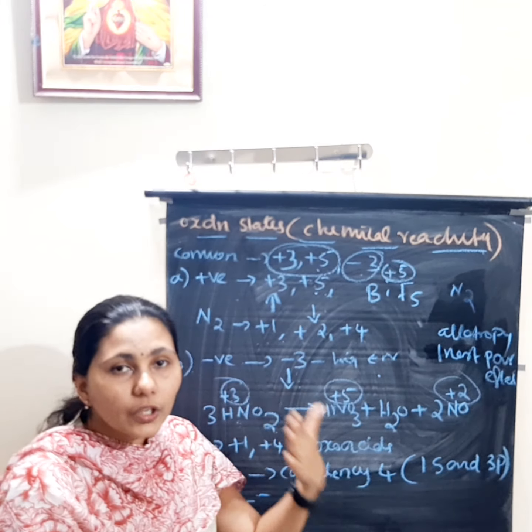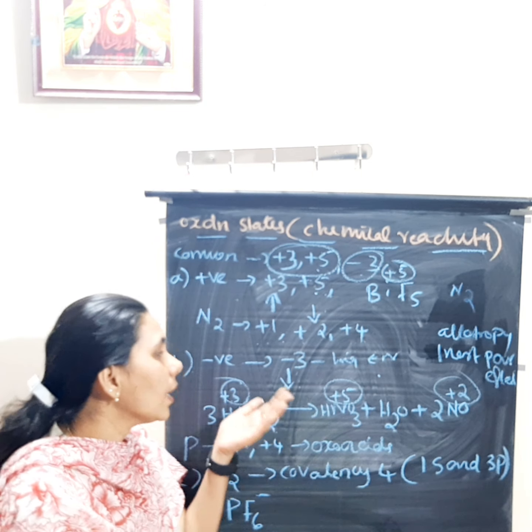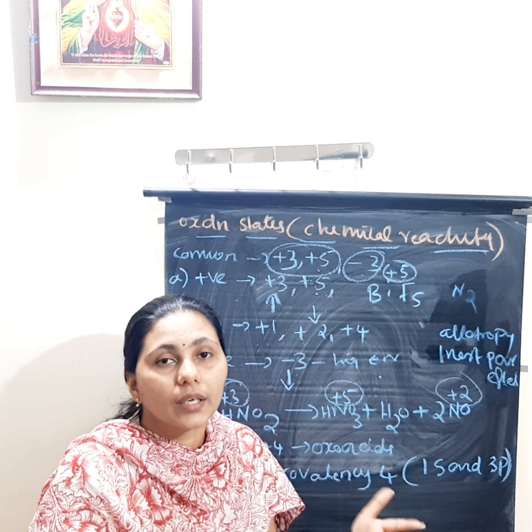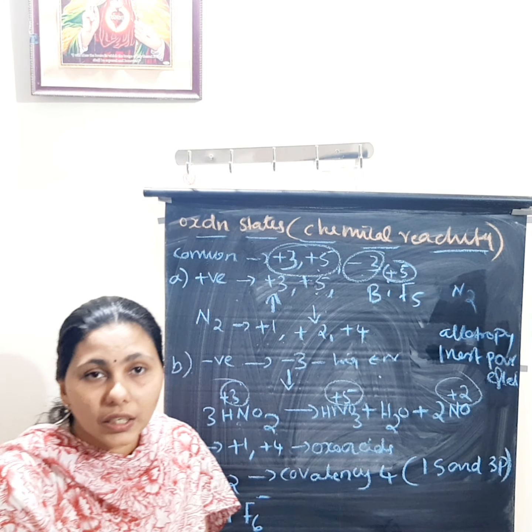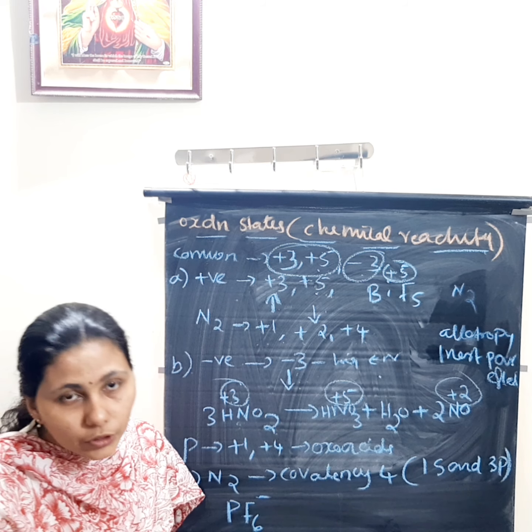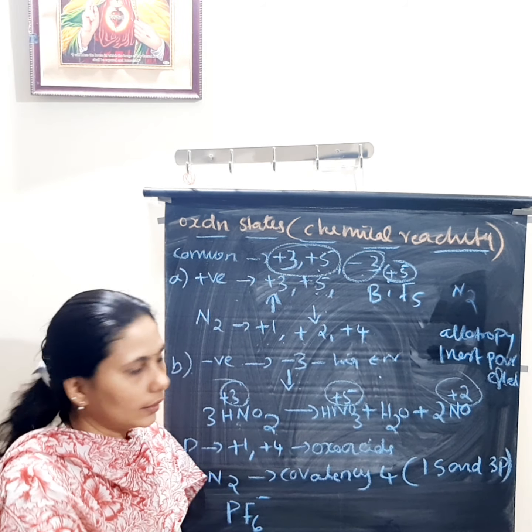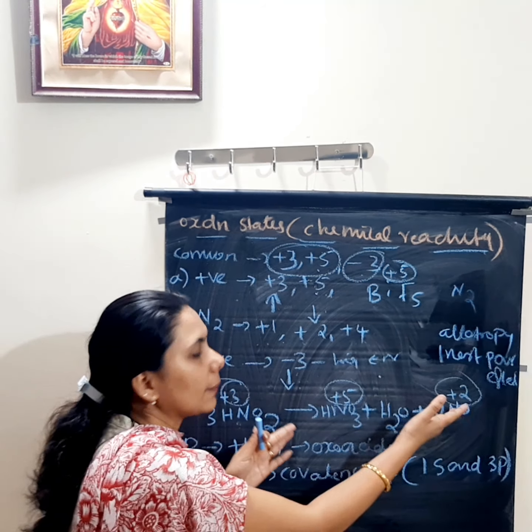So disproportionation means changing the oxidation state from one to others, that is from +3 to +5 and +2.